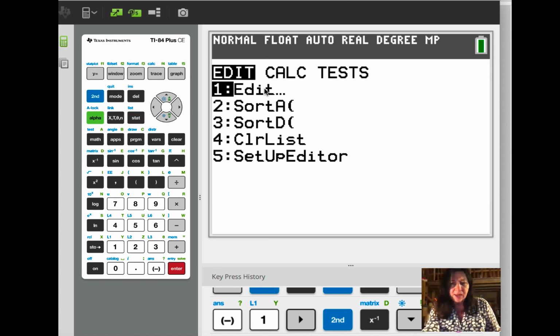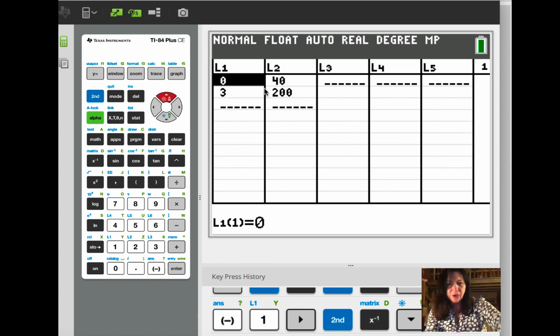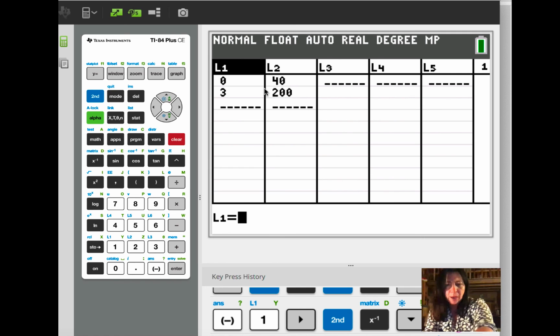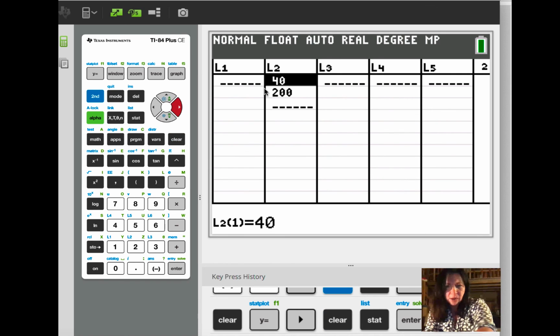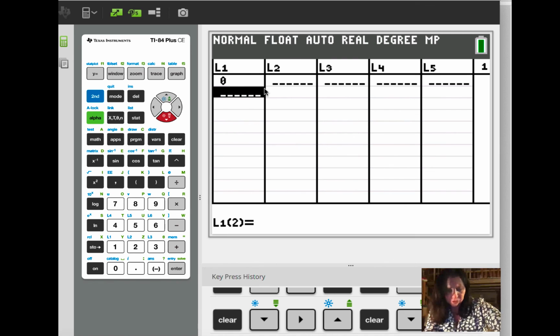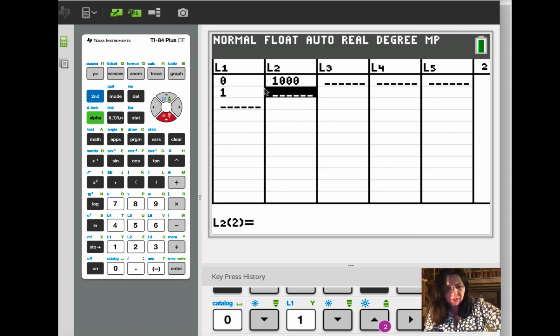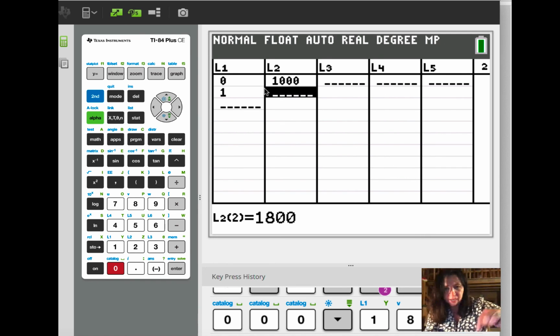So I'm going to click on edit, enter. And if I have values that are already there, remember I go up, clear, and come back down. Now I'm going to plug in my values. I have just 2 points, 0, enter, and then 1, enter. I'm going to go up here. 0 was 1,000. This was 1,800.